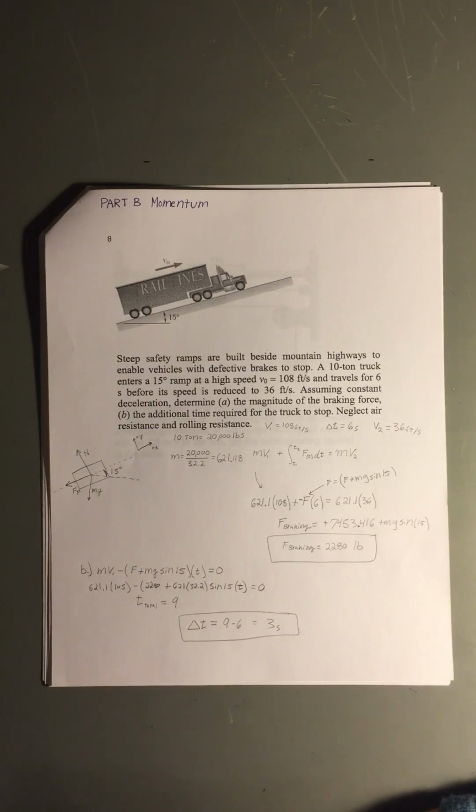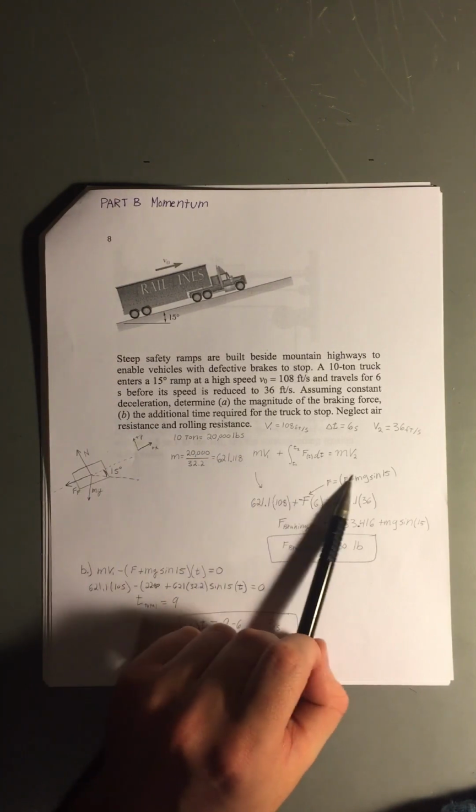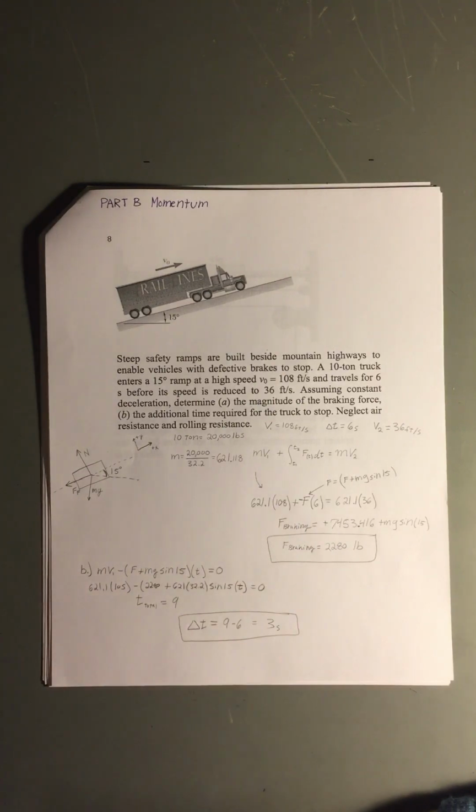And so to solve this problem, I used this equation here that we've been using in this class. And so we have our momentum before and after, and then plus our impulse. And so we have pretty much everything we need at this point.